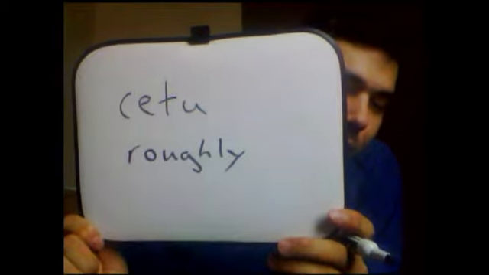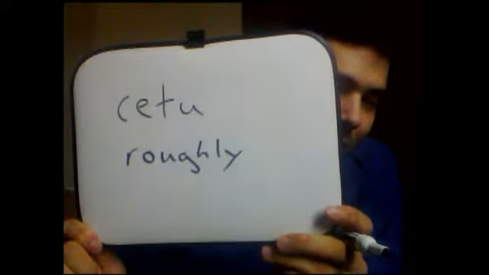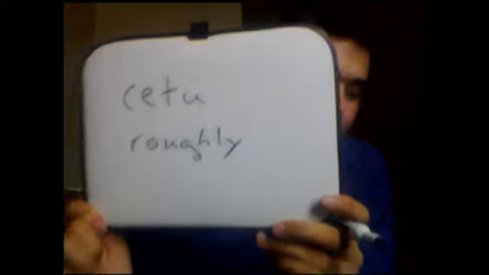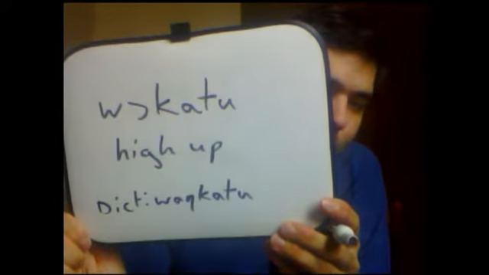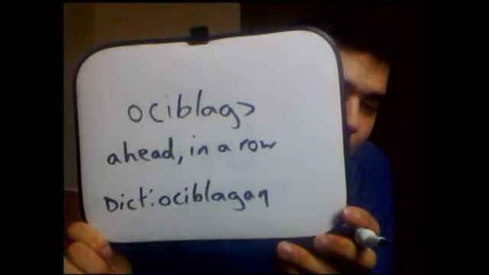Chetu, roughly, meaning kind of, in that general range over there. In that general area, this general amount, that's chetu. Wonkatu, high up. Ochipalacho, ahead of or lined up in a row. Manil, away from home.